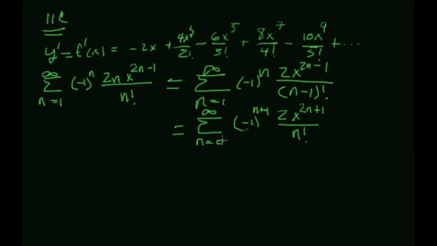If I put in n as 1, I'm going to get a positive, which is what I have. And then 2 divided by 1 factorial is 2, which is the same as 4 over 2 factorial, which is 2. x to the third, because 2 times 1 is 2, plus 1 is 3.